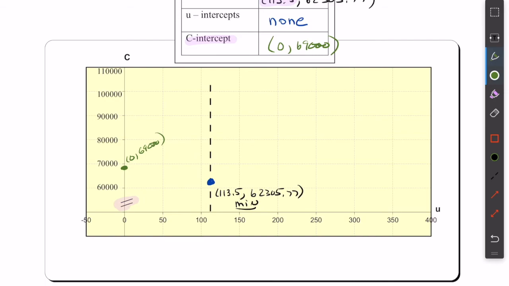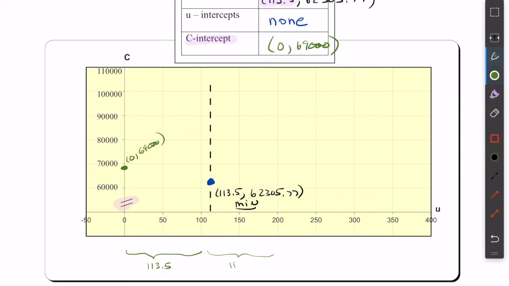So if I look at this graph, and I notice that the y-intercept is 113.5 units to the left of the vertex, there's going to be another point to the right of the vertex at the same height.